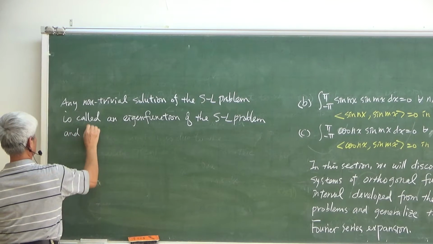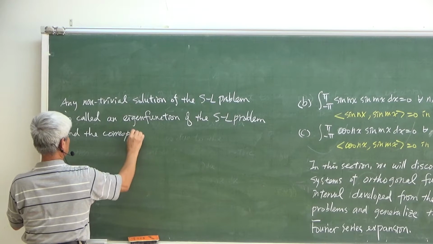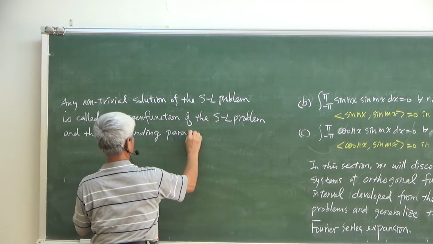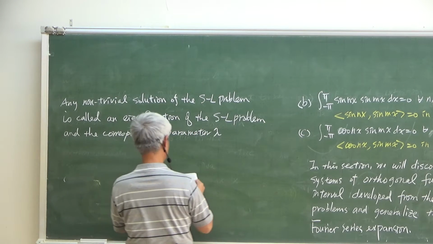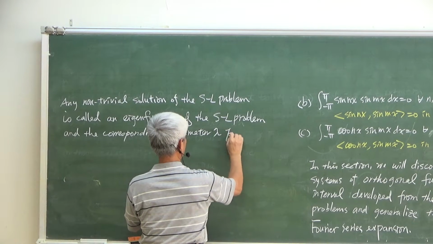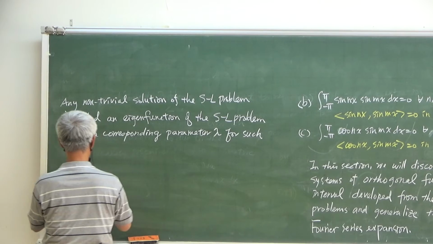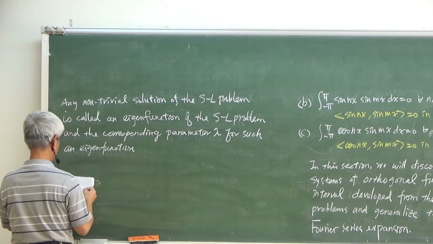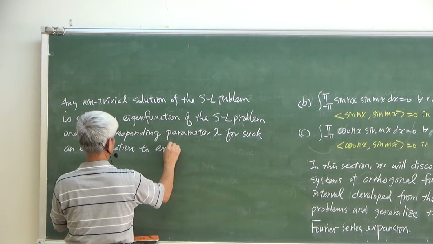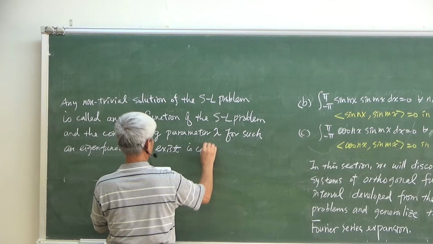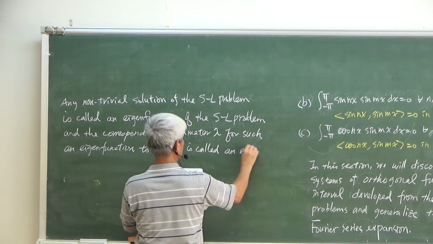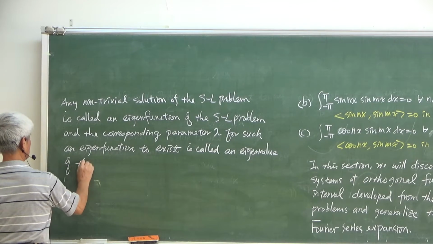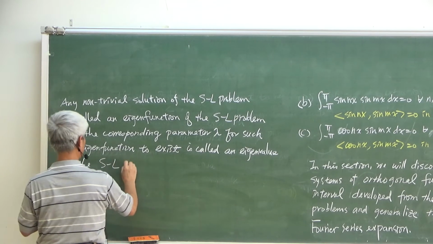And the corresponding parameter lambda for such an eigenfunction to exist is called an eigenvalue of the Sturm-Liouville problem.